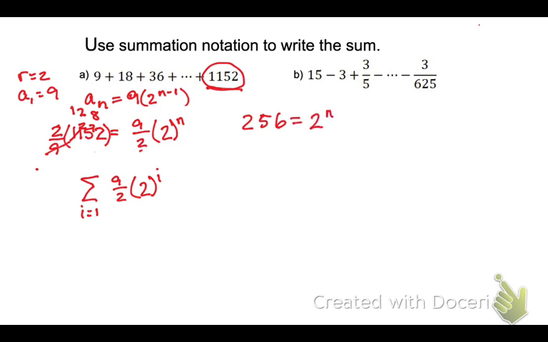So I have to figure out what power of 2 256 is, right? You want to start dividing by 4, or 16, or 32? I want to do something easy. I'm not using a calculator.